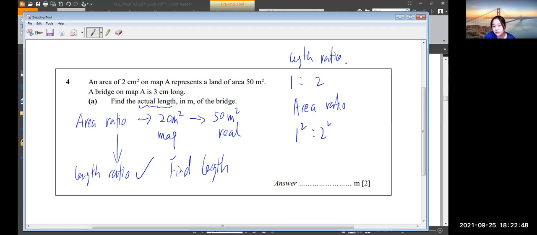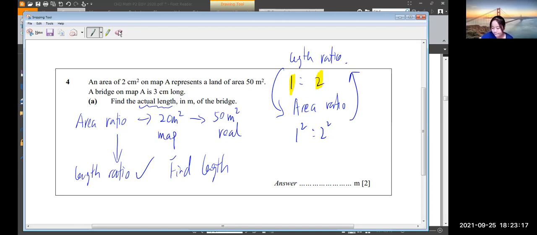Yeah. So if you simplify it, it's 1 to 4. So if you go from length ratio, you square the length ratio, you get the area ratio. Now you need to do the reverse, because you are going from area ratio to length ratio, right? You get it? Yeah.